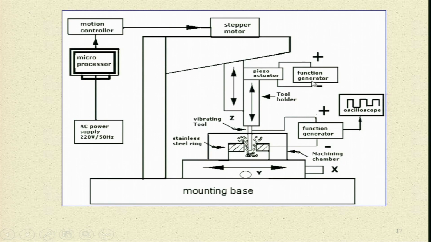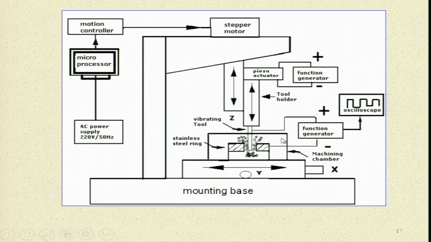To generate various types of pulses, you can have rectangular pulse, triangular pulse, sinusoidal pulse, so you have the function generator for that particular purpose. This is the tool holder, and an oscilloscope to view what type of pulses are being generated, and again a function generator.